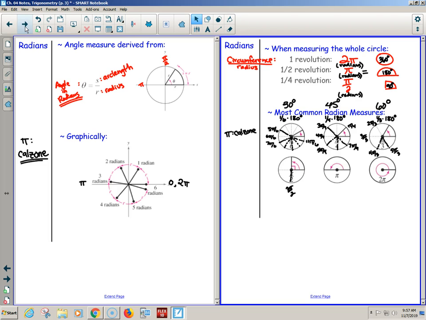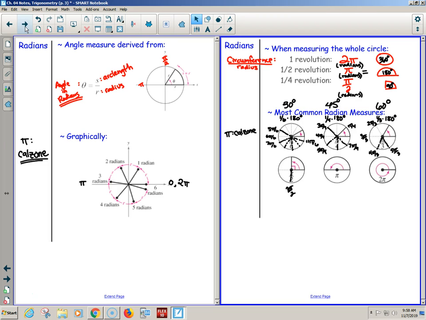I think there's a question in homework, towards the end, maybe the very last one, that asks: which is greater, 1 degree or 1 radian? What would be your answer? 1 radian. Why? 1 degree is just 1 tick mark on the protractor, but 1 radian is a whole radius measured around.